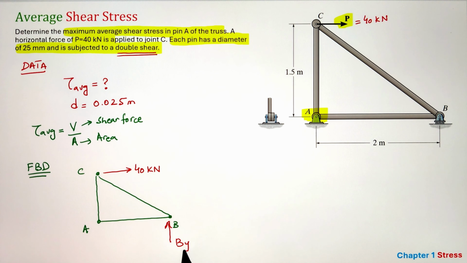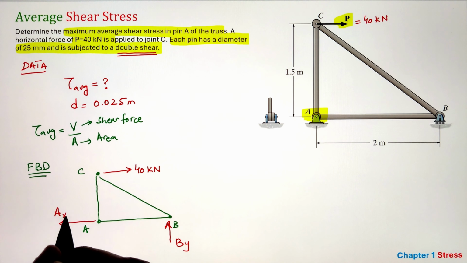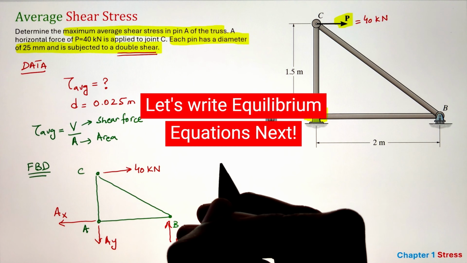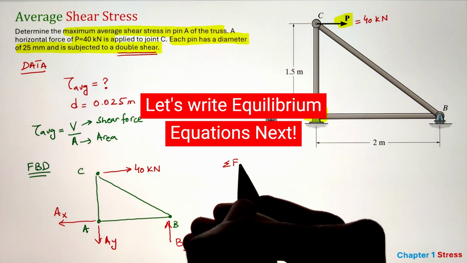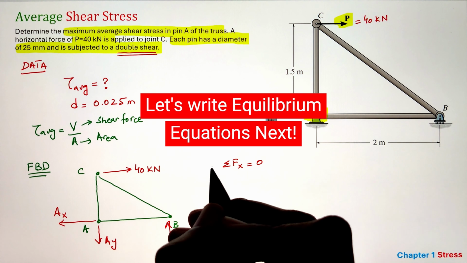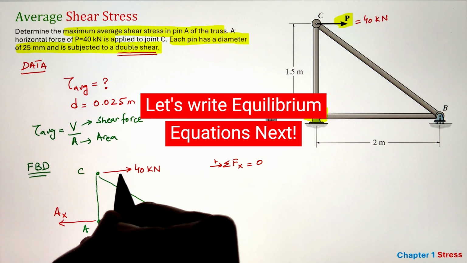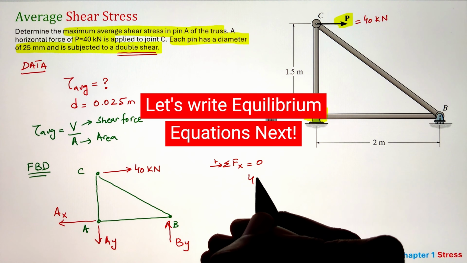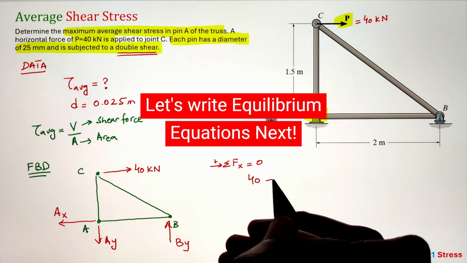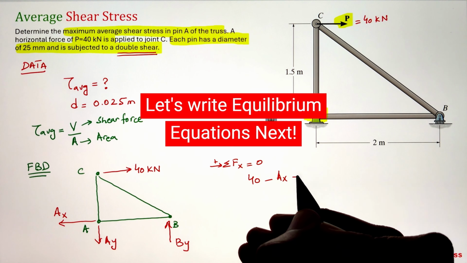So I have one support reaction acting vertically upward as the motion is restricted along the vertical direction, whereas it is allowed along the horizontal direction. Whereas at point A, our pin support, we will have two support reactions, AX and AY, as shown in the figure.